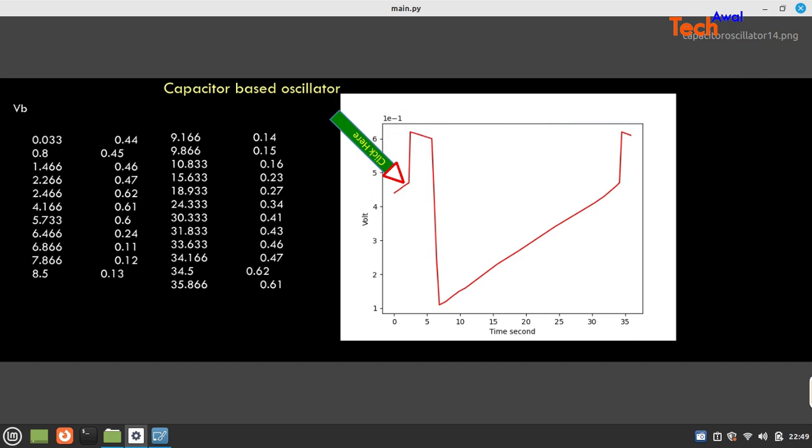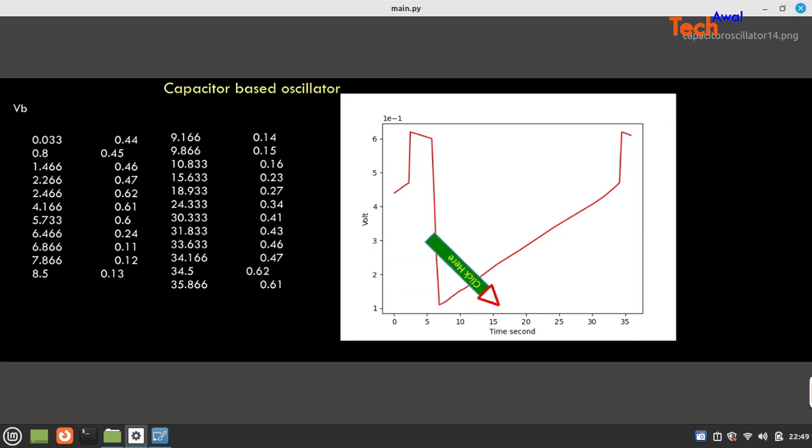If the voltage at the base of the emitter reaches a level, then suddenly it picks up automatically. From 4.4 it goes active automatically. It remains active even though the capacitor is discharging. When it discharges to a level where the transistor cannot hold its active condition, then suddenly it drops.